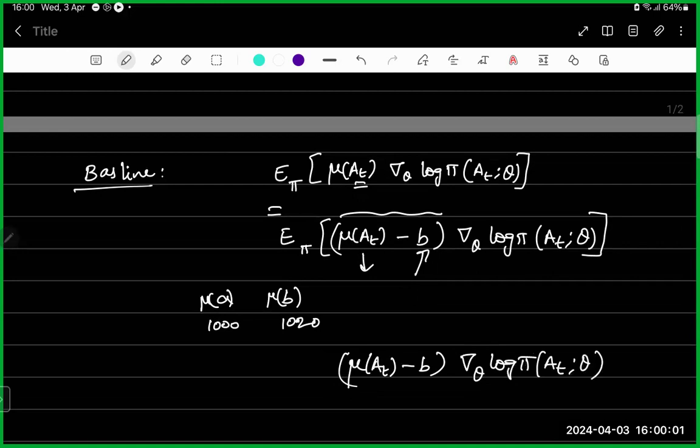This is what we'll use as a substitute for the gradient, because we are doing the stochastic gradient. So what I'm trying to say is, if you subtract something called the baseline, which is not a function of the action which you are taking, then the theory of stochastic gradient descent will still hold.